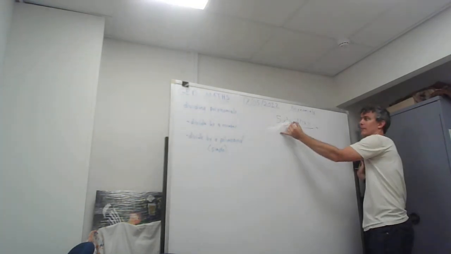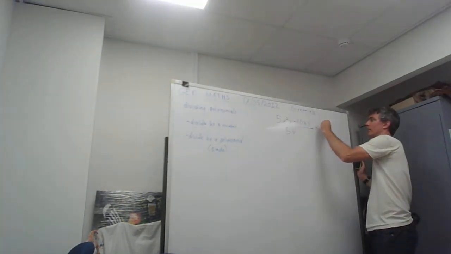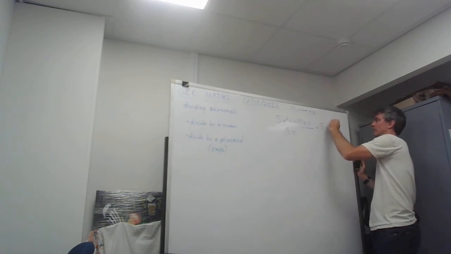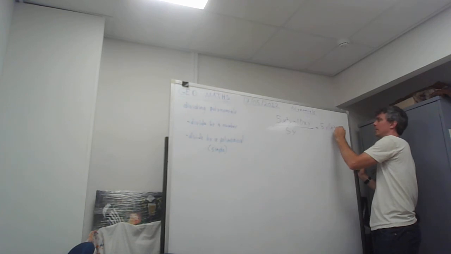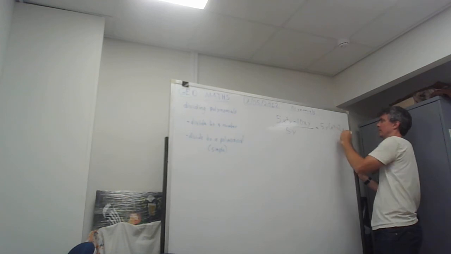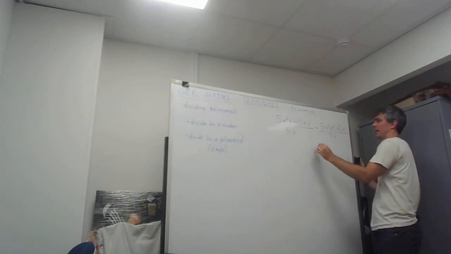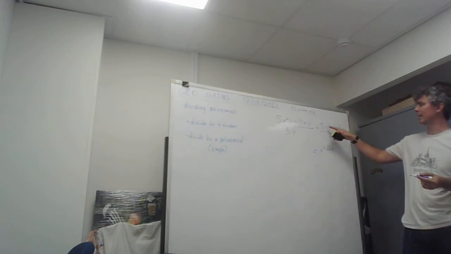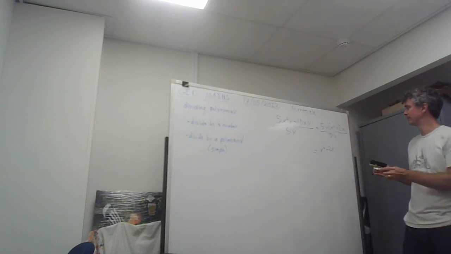So if we take the 5y out of here, x squared remains. And 5y out of here, it's minus, 5 and 10 is 2, and what remains? x. 2x. All over 5y. Okay? And now these can cancel. And we're left with x squared minus 2x.